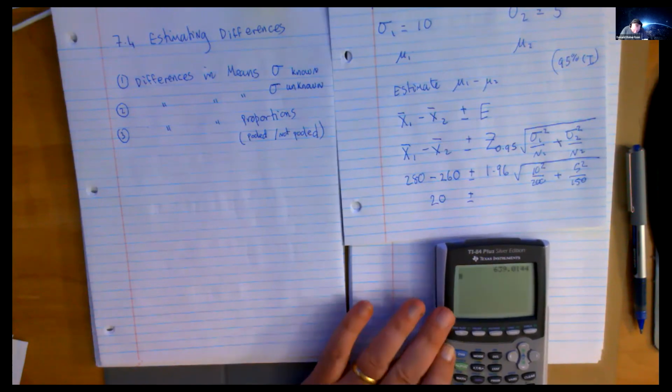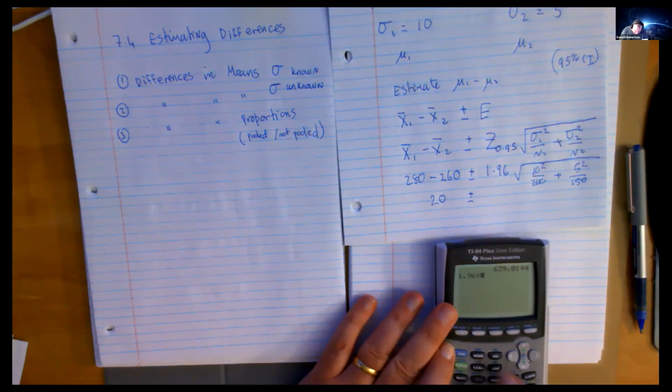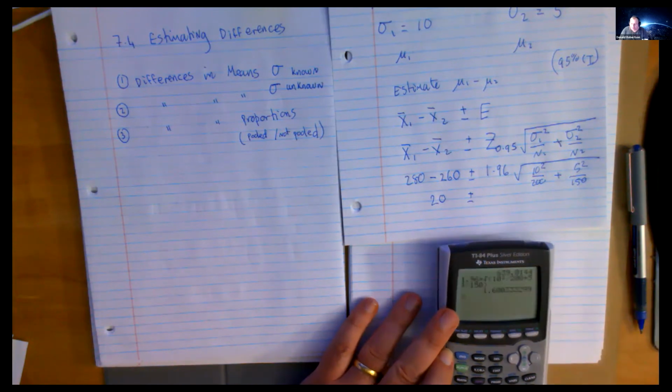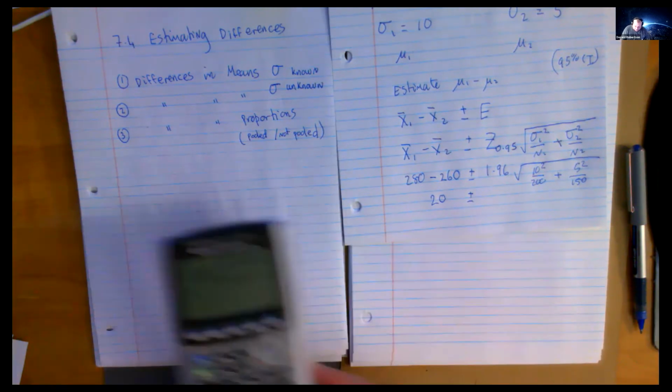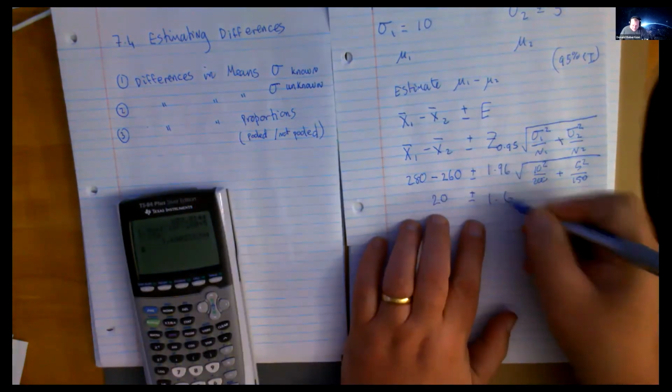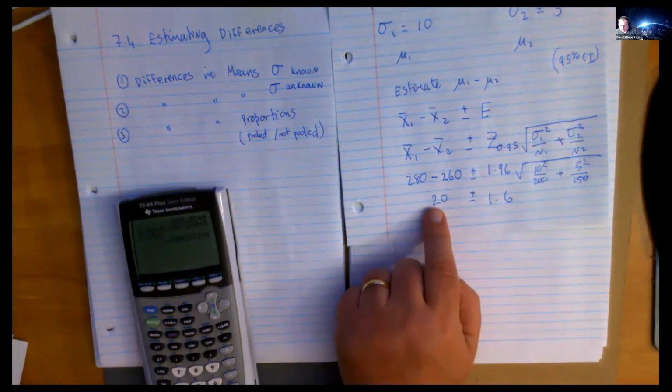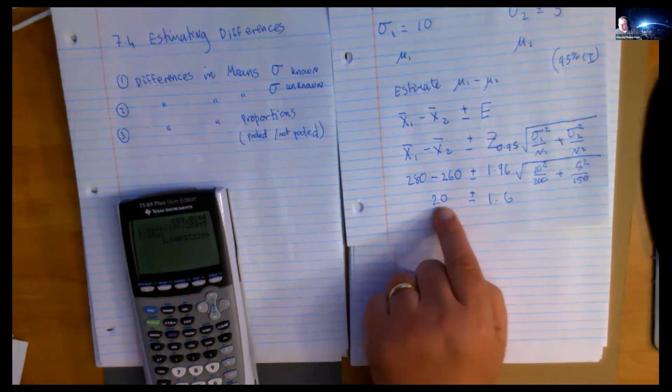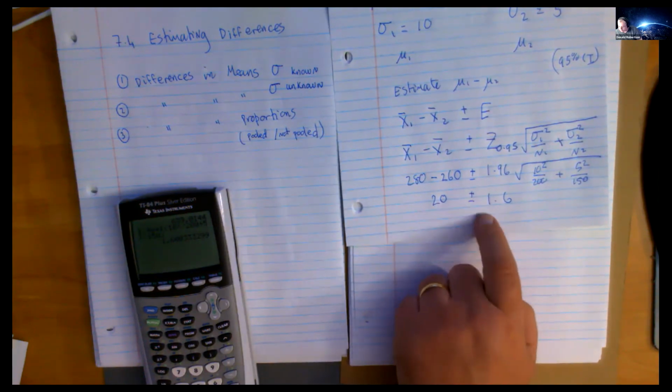I'm going to try my best to do this calculation on this fella here. So it's going to be 1.96 times a square root of 10 squared divided by 200 plus 5 squared divided by 150. And the answer I get is, oh, it's an interesting answer, about 1.6. So our estimate for the difference in weights between male and female tigers is 20 pounds with a margin of error of give or take 1.6.